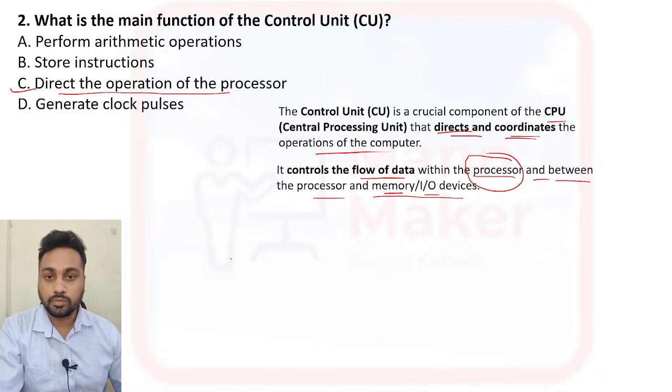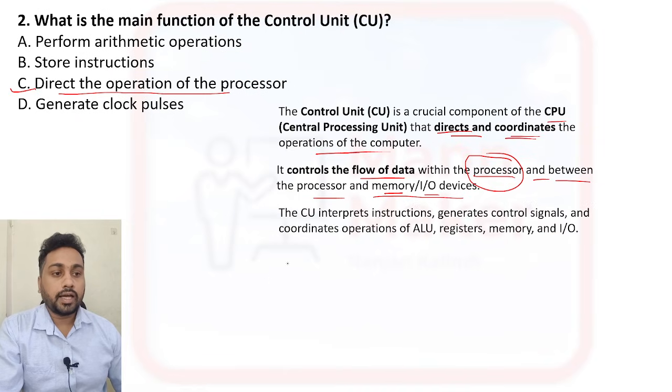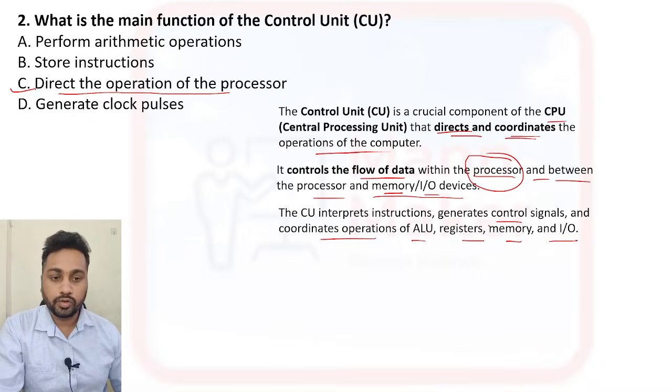It has some more functions too: it will interpret instructions, generate control signals, and coordinate the operation of the ALU (arithmetic and logical unit), registers, memory and input output devices. You need to remember all these functions of the control unit for your exam.